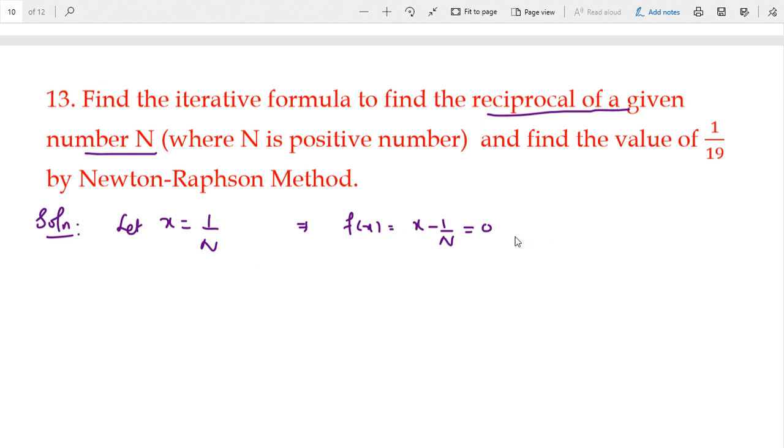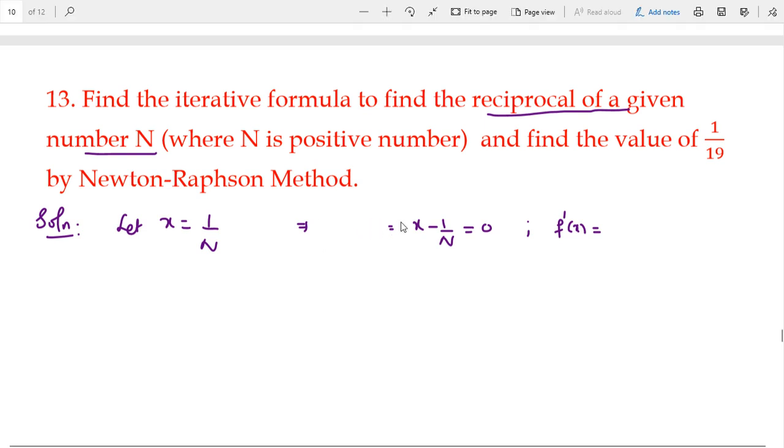Once we have f of x, we go for the derivative of f of x, that is f dash of x. We make a slight change here.